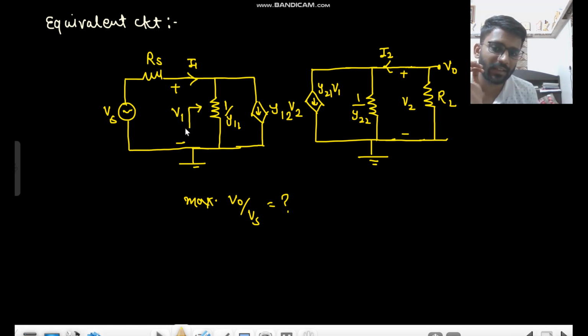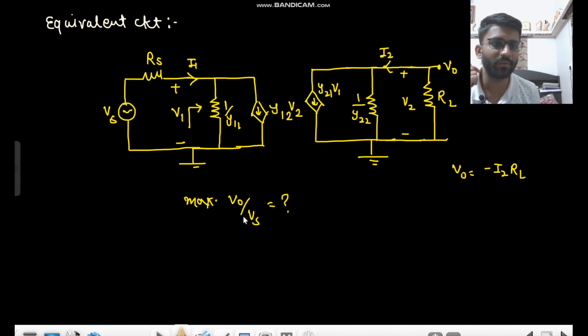Across this we get V1, and this V1 is amplified into Y21 V1, and then this I2 current flows through the resistance and you get V2 equals minus I2 RL. So if you get maximum V1, you will get maximum current here, then maximum I2, and then maximum voltage. If V1 is maximum, this current source will be maximum, then this current will be maximum, and if the current is maximum, your voltage will be maximum. So you need to have maximum V1.